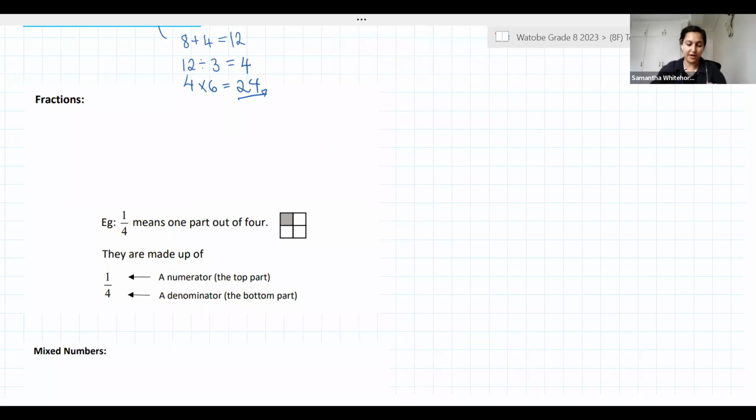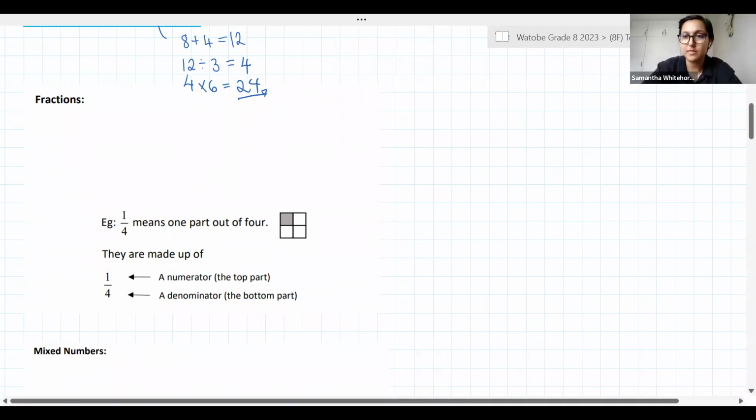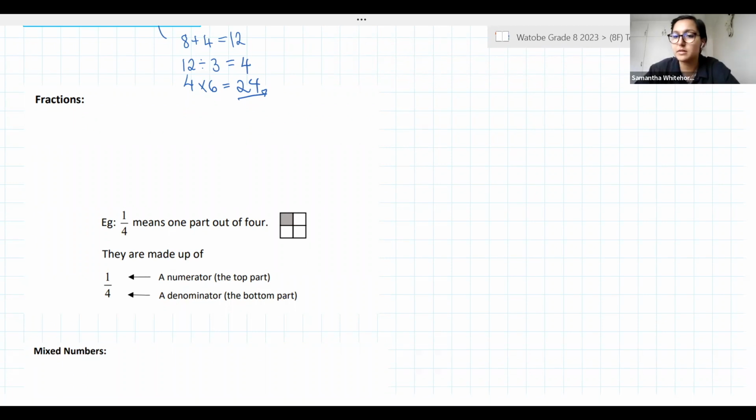Listen, what are fractions? Fractions are numbers of denominator and numerator.